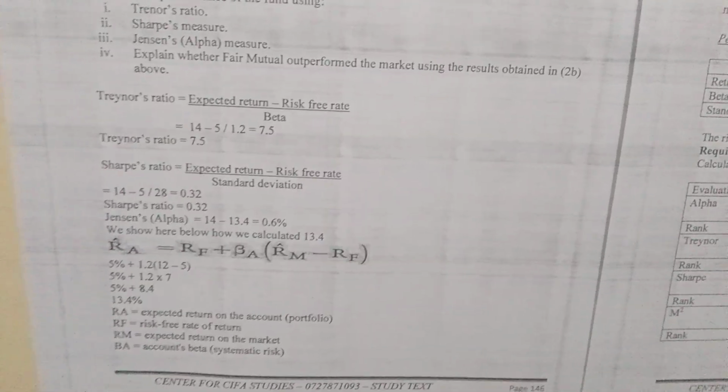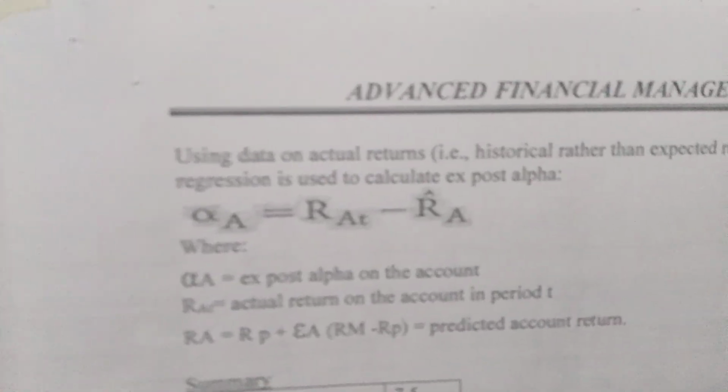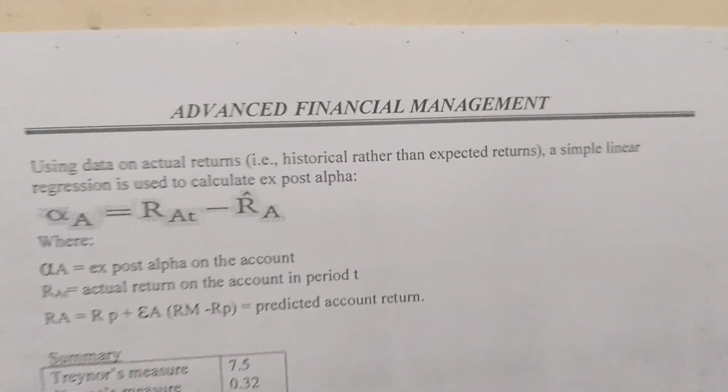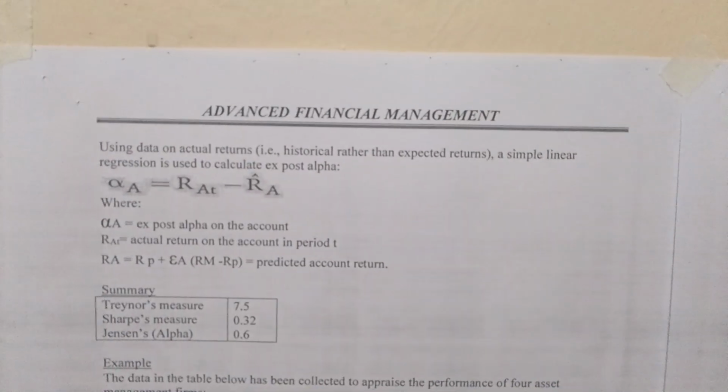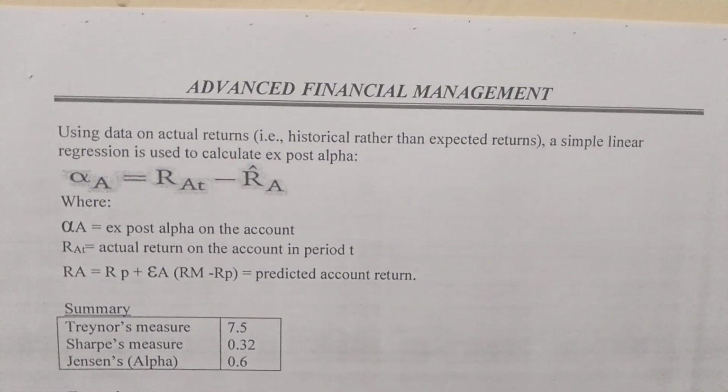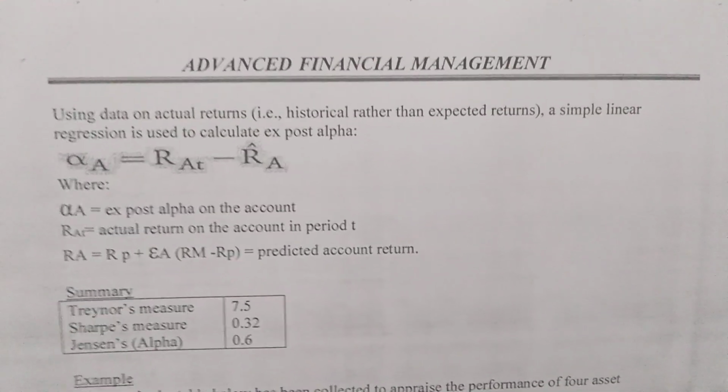Now let me just assist you with the solution so that you can do your own solution, and then you compare with our solution. Maybe we are wrong or we are right. So the question starts from there.